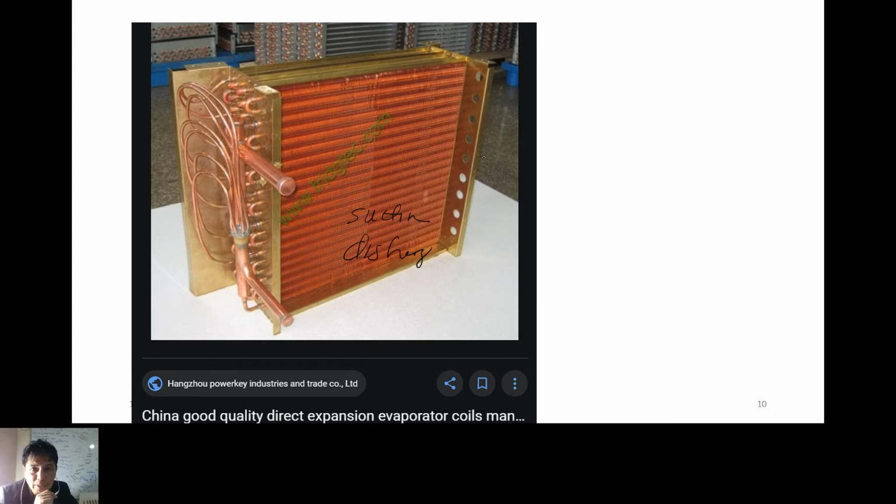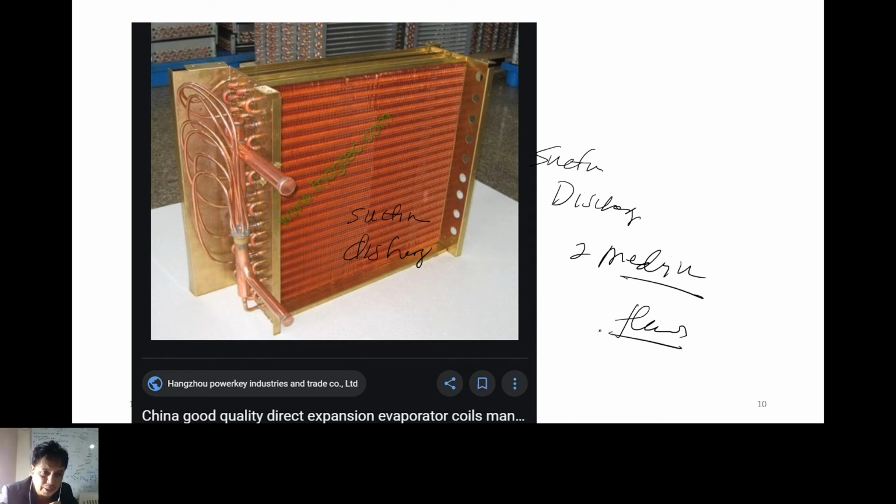Sa kabila, meron ding suction saka discharge. Kasi nga, minimum of 2 medium or fluid ang kailangan nasa evaporator. Pwedeng tubig, papalamigin yung refrigerant, o pwede namang iba.